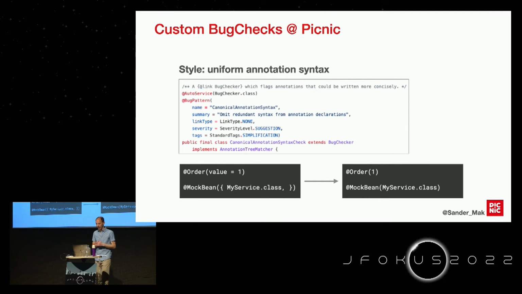An example is annotation syntax, where you might write the annotation value is, but you can also leave it out if it's just a single value that you're providing to the annotation. So we much prefer the one on the right-hand side here. And the same when you have an array-typed value in an annotation. If you have a single element, you can also leave off the array braces and also the trailing comma.